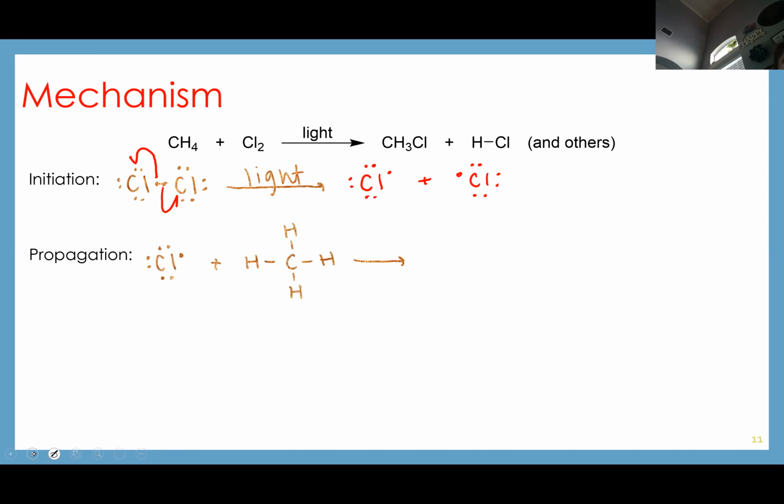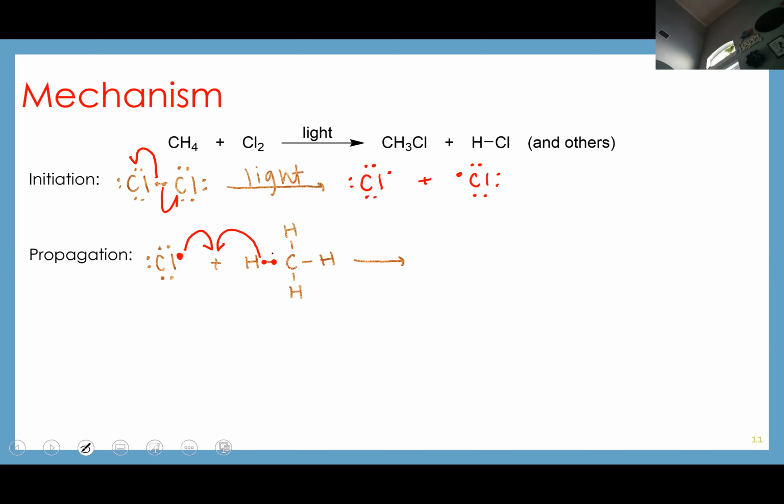Our next step is propagation. So a chlorine radical is now going to react with a molecule of methane. And this part is the confusing part of radical chemistry. So the chlorine radical is going to abstract a hydrogen. And when they do this, the bond is going to form between the two of them. So this radical and this electron are going to form a bond between the chlorine and the hydrogen.